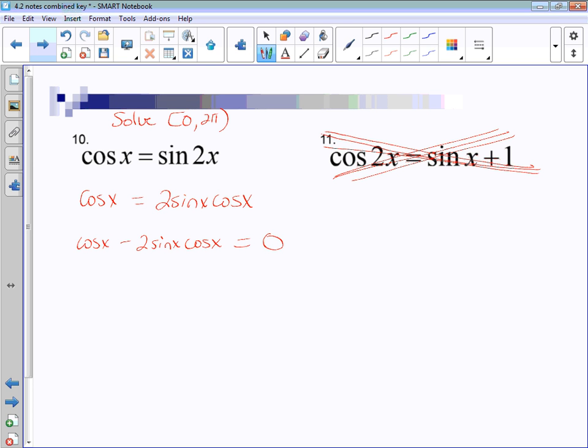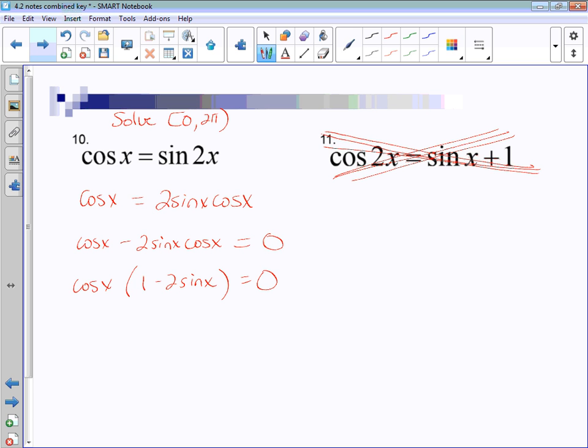All right, so looking at the left side of your equation here, what can you factor out of both of them? Cosine. What would be left in parentheses? 1 minus 2 sine x. Very good, guys. All right, we're making progress. This is where I can then set my factors equal to 0.